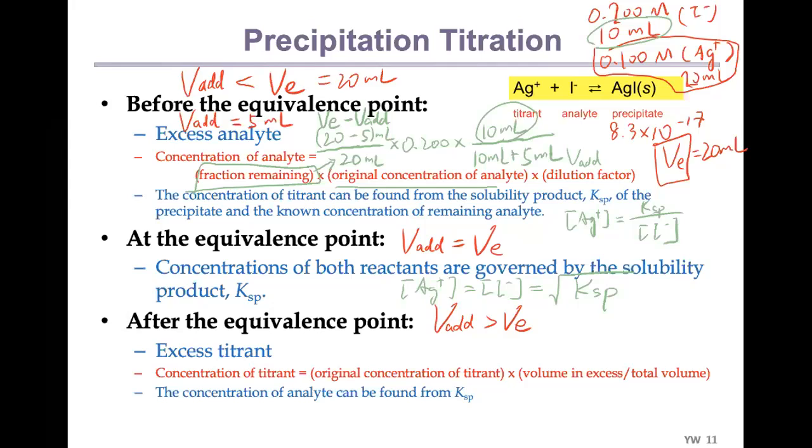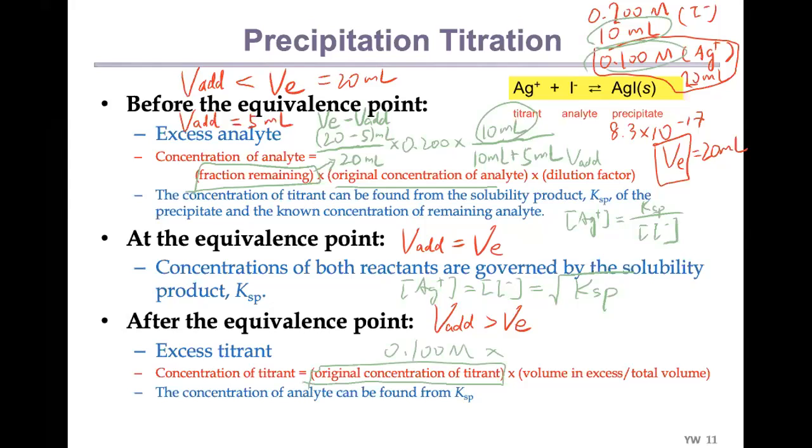And then after the equivalence point, you have reacted all the analyte. Now you're adding more and more titrant. So as a result, you have an excess amount of titrant in the solution. And to calculate the concentration of the titrant remaining in the solution, you will use the original concentration of the titrant, which is 0.1 in this case.